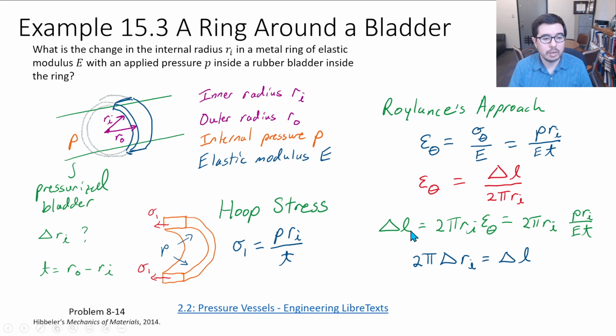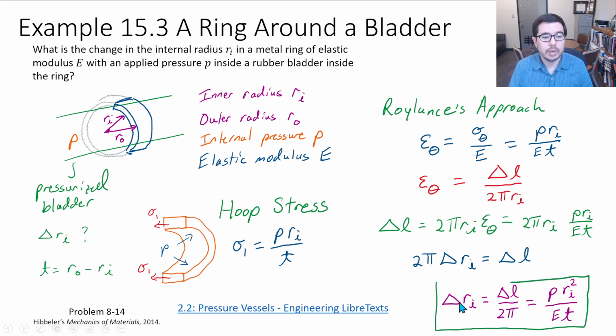So we have delta L, and we have a 2 pi delta Ri, and when we go to this step, we now are able to say delta Ri is equal to delta L over 2 pi, and delta L is equal to this expression that we have here, and that's the result that we have.